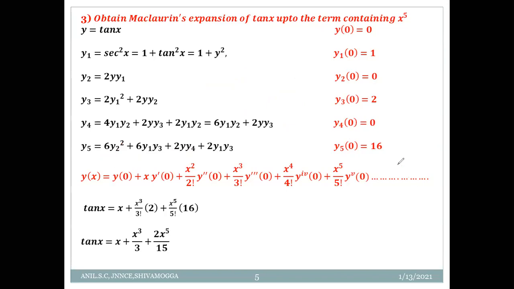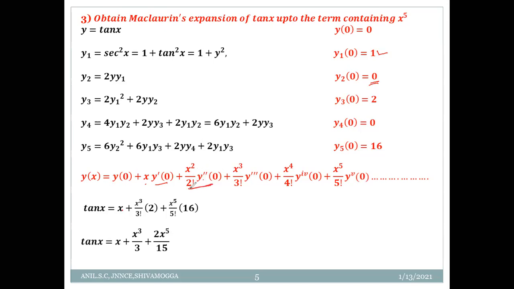Now write the Maclaurin series and substitute. Maclaurin series. Y of x is equal to y of 0. Y of 0 is 0. Leave it. Plus x into y dash, and y dash is equal to 1. Plus x square divided by 2 factorial into y double dash. But y double dash is 0. 0 into anything is 0.